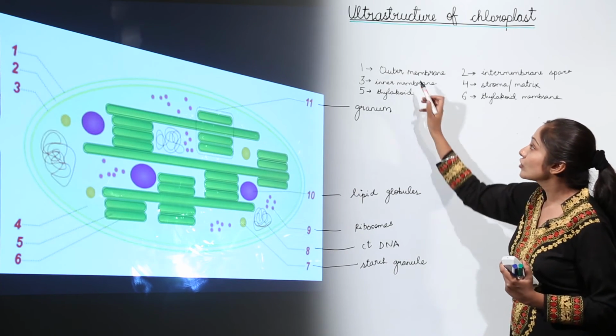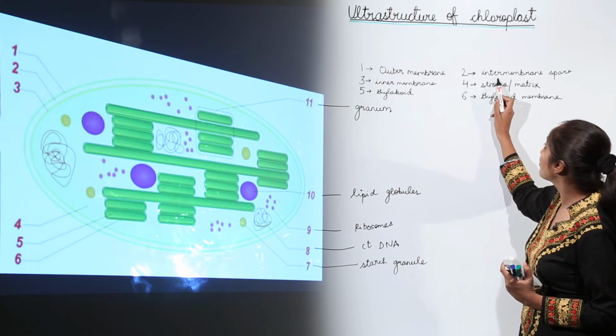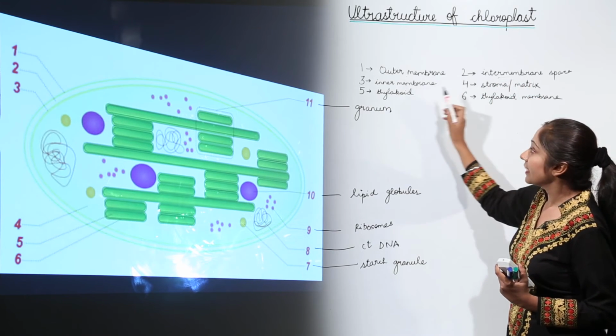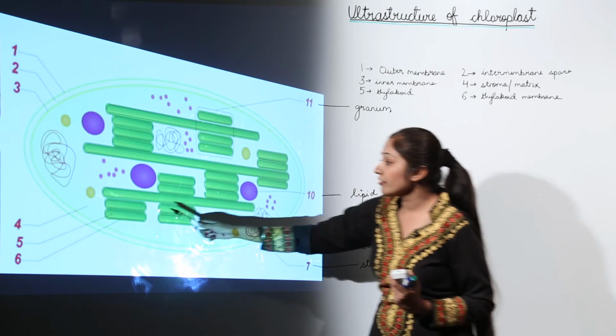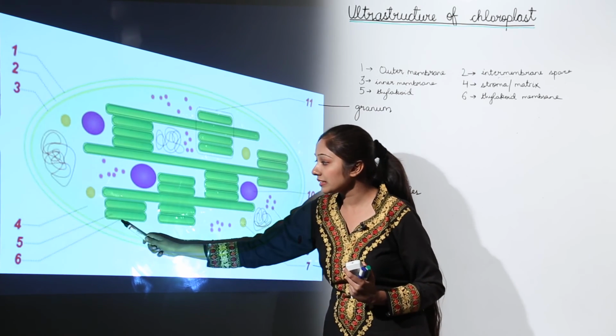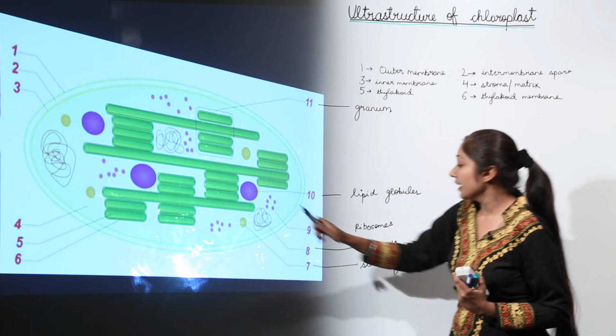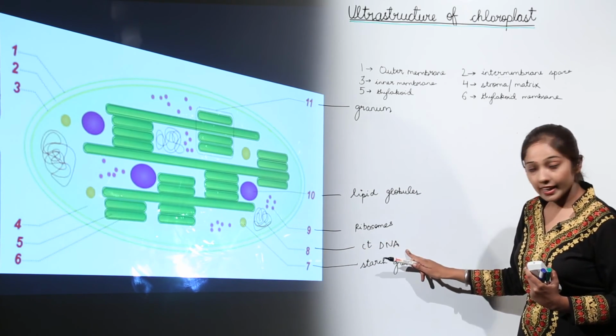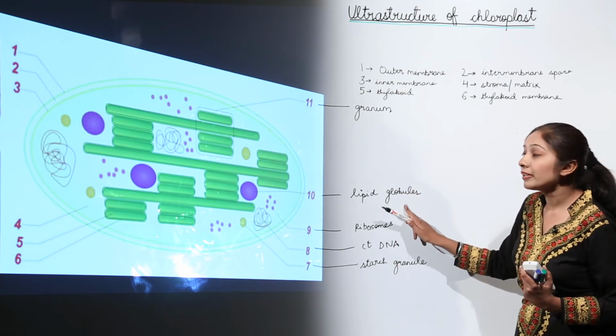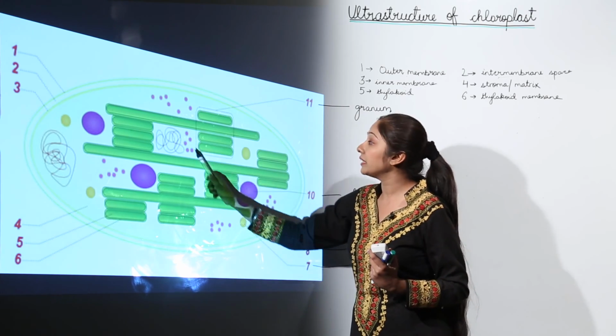So outer membrane, then intermembrane space, then inner membrane, then stroma or matrix, then number 5 this one thylakoid, number 6 this thylakoid membrane, then we have starch granule, this chloroplast DNA, then ribosomes, lipid globules, and this complete granum.